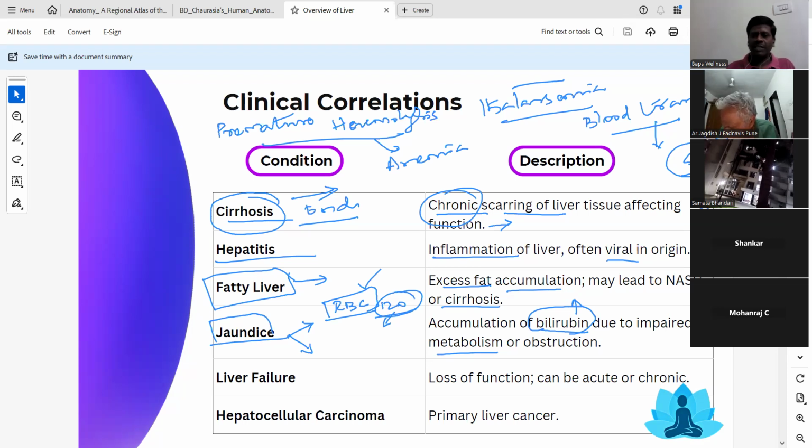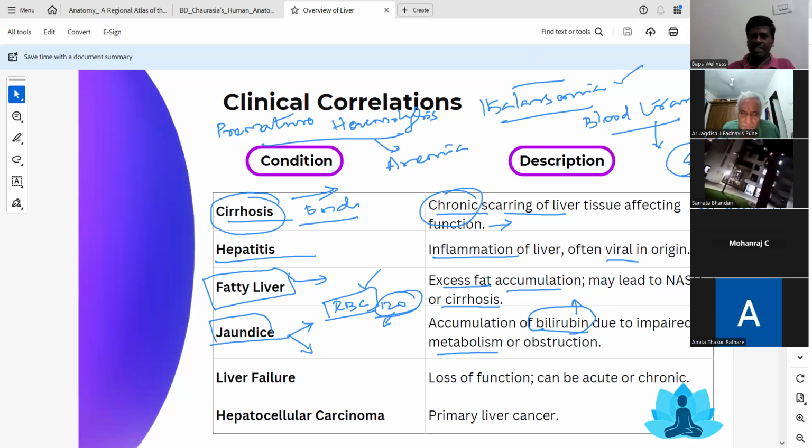Megaly means bulky or bigger in size, or inflammation, enlargement. Most patients having thalassemia will have splenomegaly because of this mechanism.